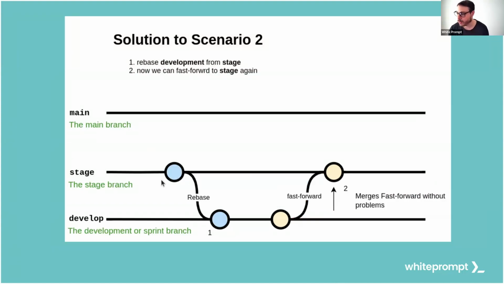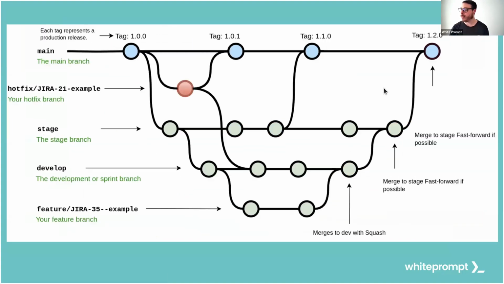Same strategy. We just do a rebase with this commit hash. So develop gets to know this commit in its own history, and then I'm able to do the fast forward without problems. This gets me the best of the cleaner history, and at the same time, it allows me to quickly move features from one branch to the other.